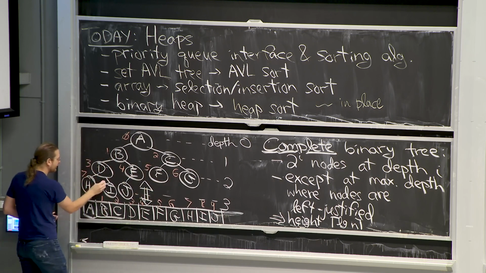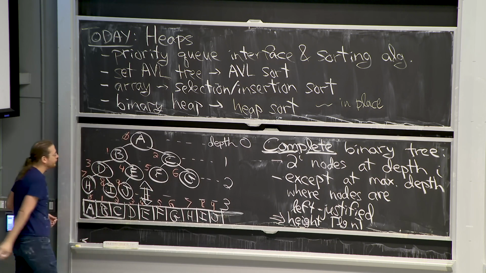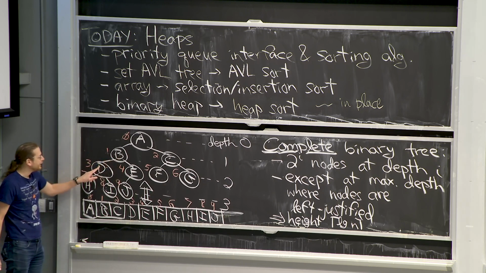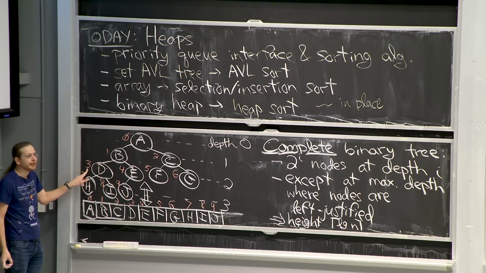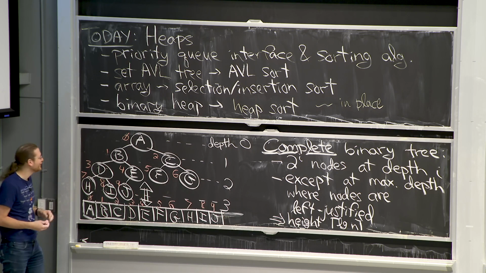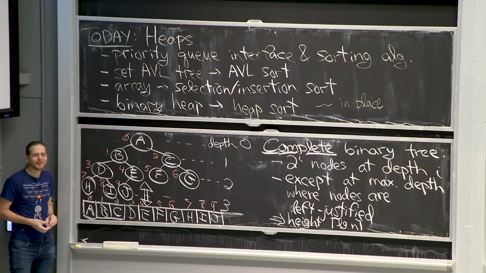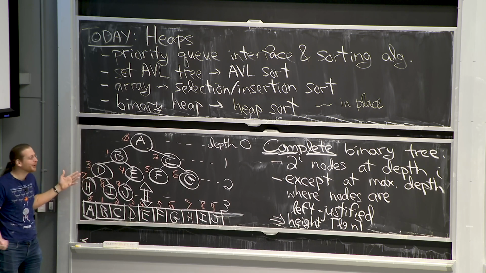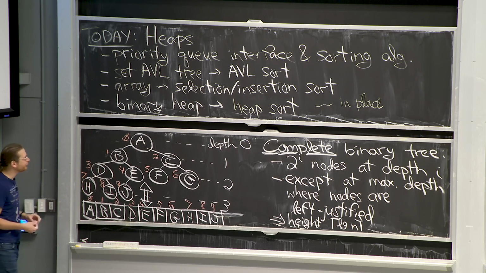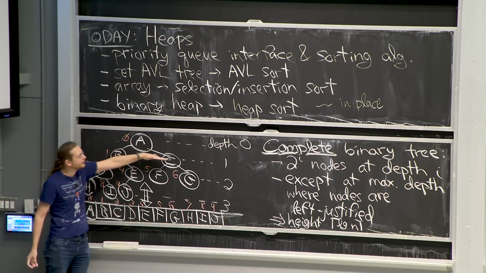But once I have this labeling, it's going to be a lot easier to figure things out. So if I wanted to know the left child of B is D, somehow, given the number 1, I want to compute the number 3. Add 2, multiply by 3. There are all sorts of operations that take 1 and turn it into 3. But there's only one that's going to work in all cases. And the intuition here is, well, I have 2 to the i nodes at level i.